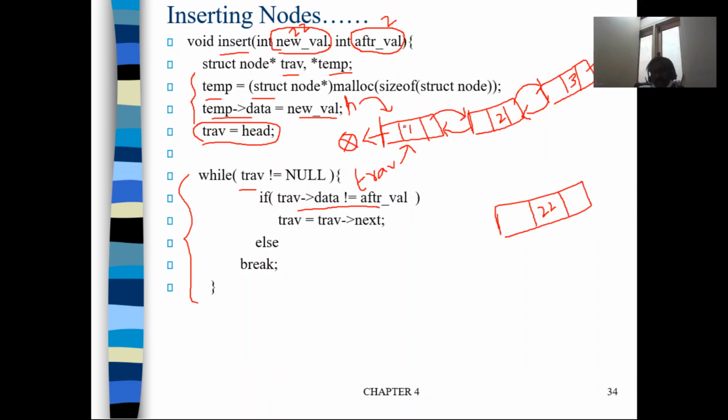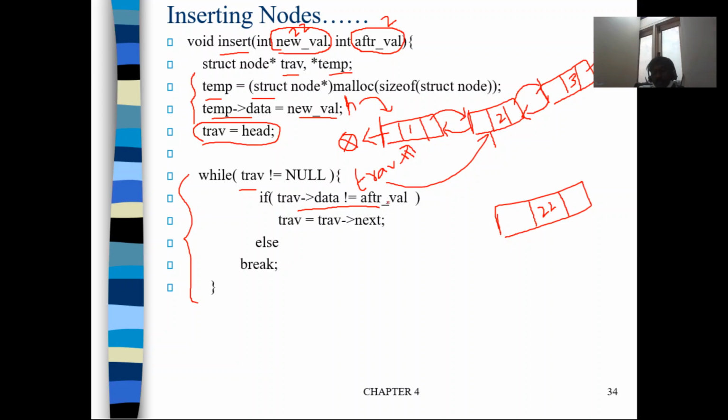What is traverse arrow data? 1. Is it equal to after val? After val is 2. No. Then what should you do? Traverse equal to traverse arrow next. So now traverse is pointing to the second node. The else part will not execute. Again come here and check, is traverse equal to null? No, currently traverse is pointing to the second node.